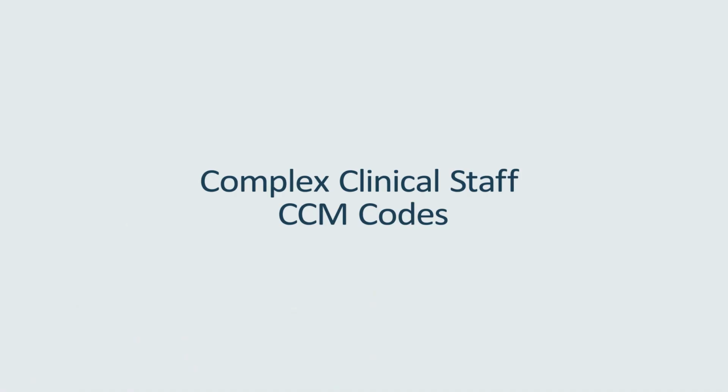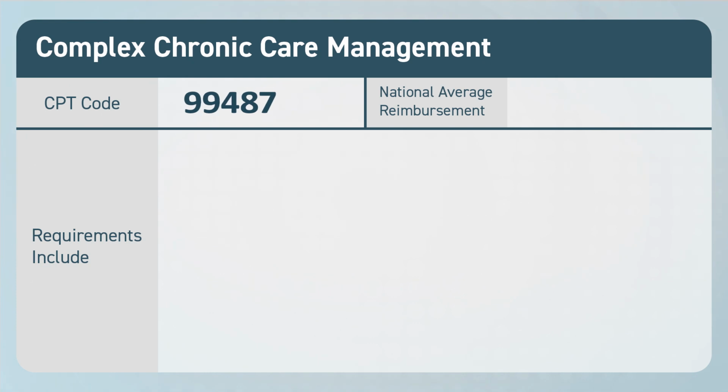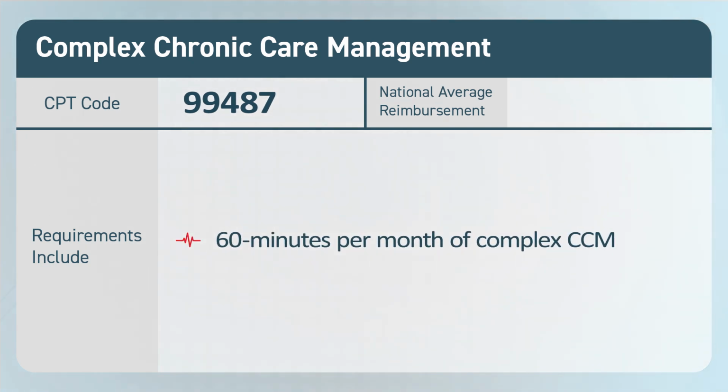Moving on, some patients may need more care than others, or they may need more than 2 conditions managed in a calendar month. In these cases, you'd bill using this complex series of CCM codes. First is code 99487. It is for 60 minutes of complex CCM services and pays a national average of $132 per month.